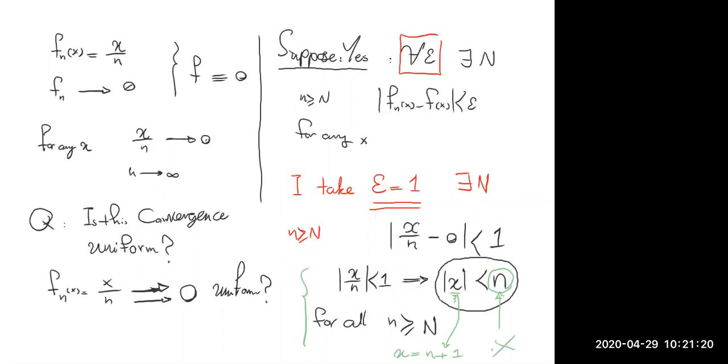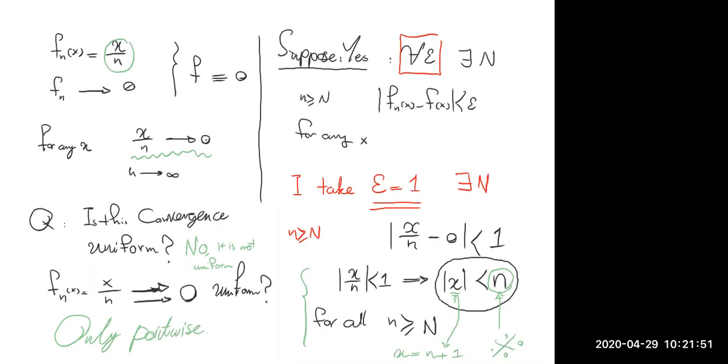And that's a contradiction. So although x over n as a function of x would converge to 0, this convergence is not uniform. So no, it is not uniform. It is only pointwise.